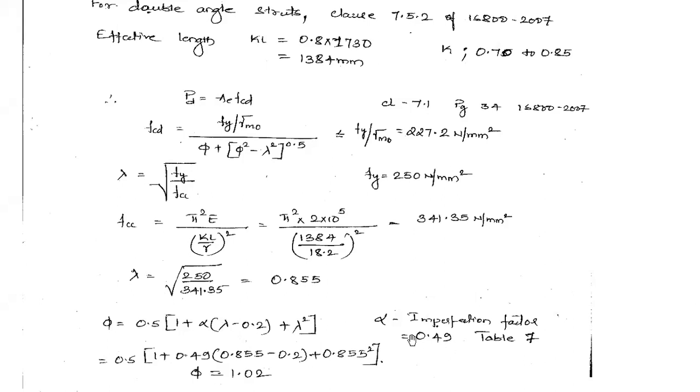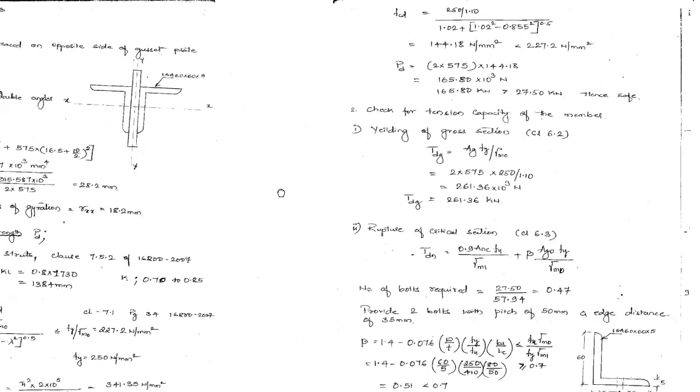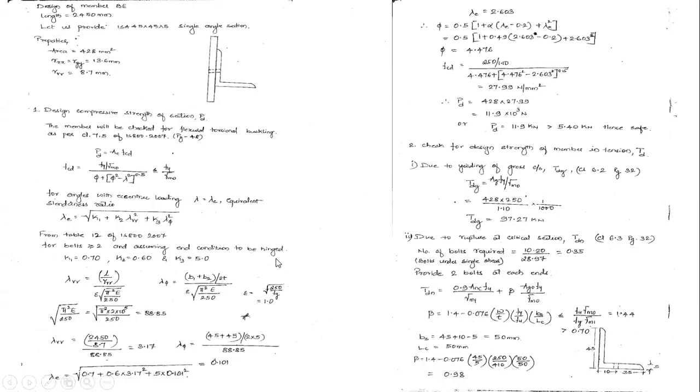And the imperfection factor, it belongs to class C, so the value of alpha is 0.49 in that case. From the IS 800 table, you will get 0.49. Is it okay if I skip that equation part?